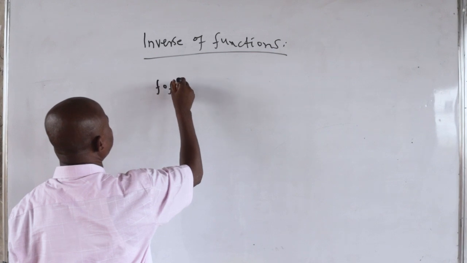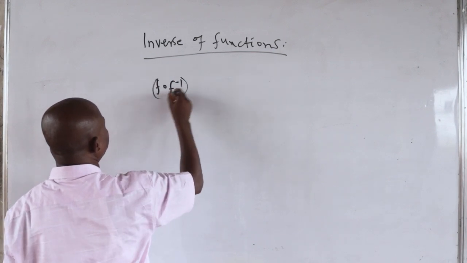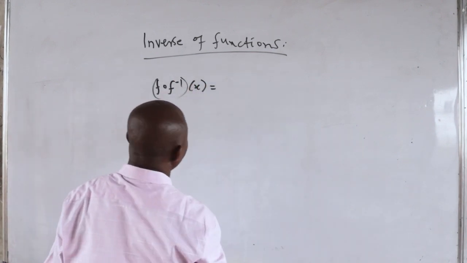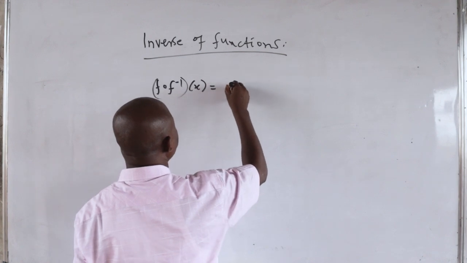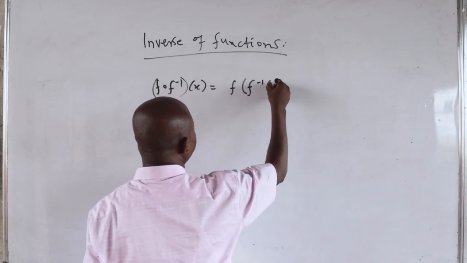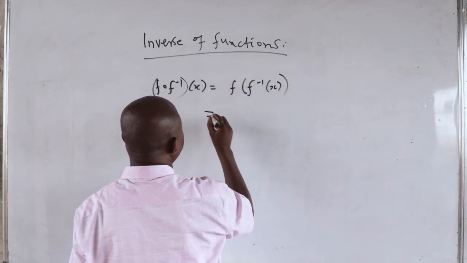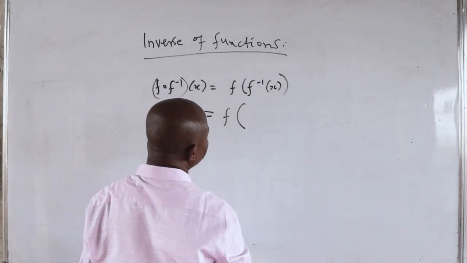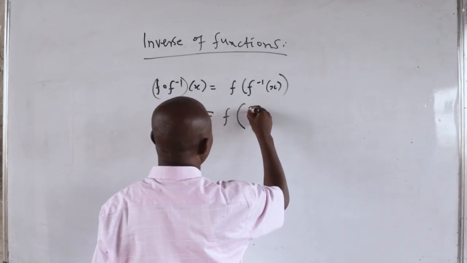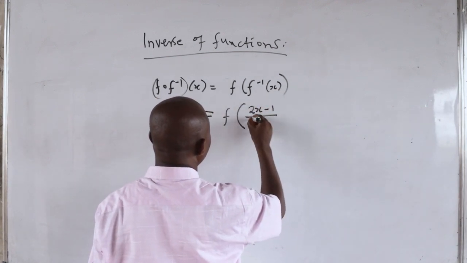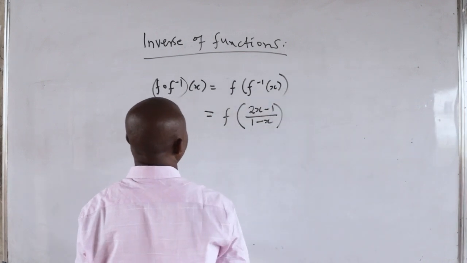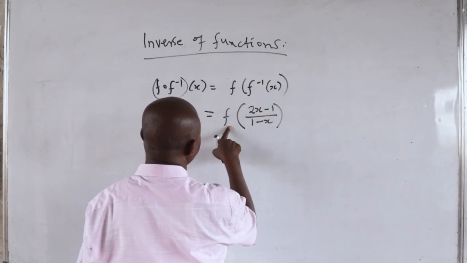f composed with f inverse on x is f acting on f inverse of x, and this is f acting on (2x minus 1) over (1 minus x). But we know how f behaves.